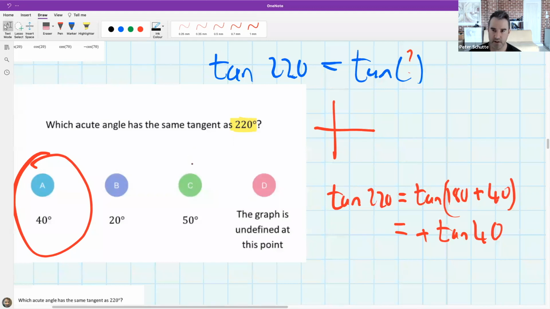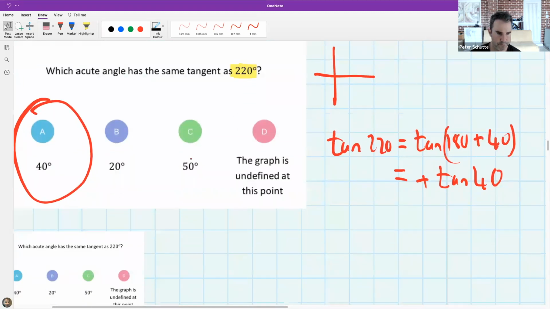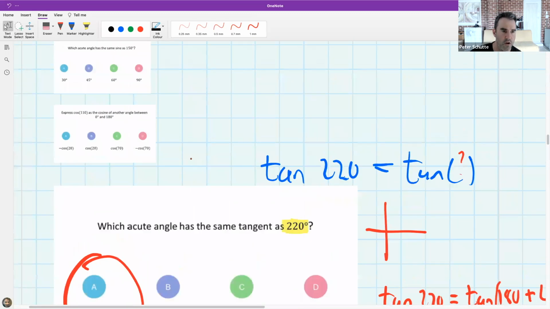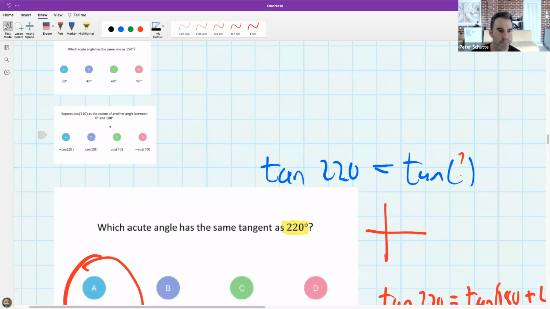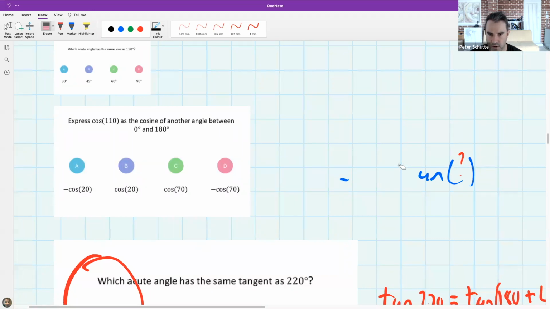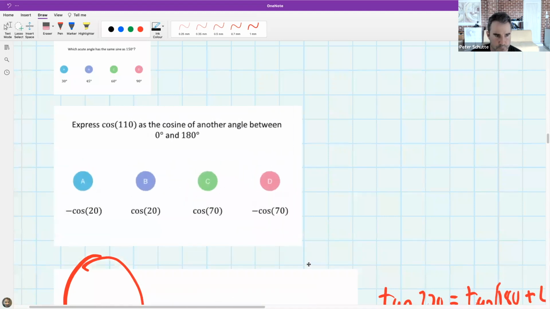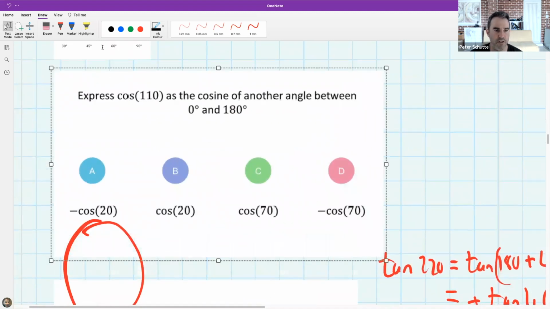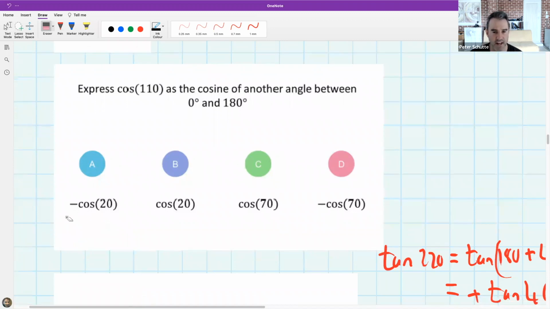Let's give this another go, a different type of question. Let's do this one. I'll rub this one out. So this next one is about cos. Express the cos of 110 as the cosine of another angle between 0 and 180.